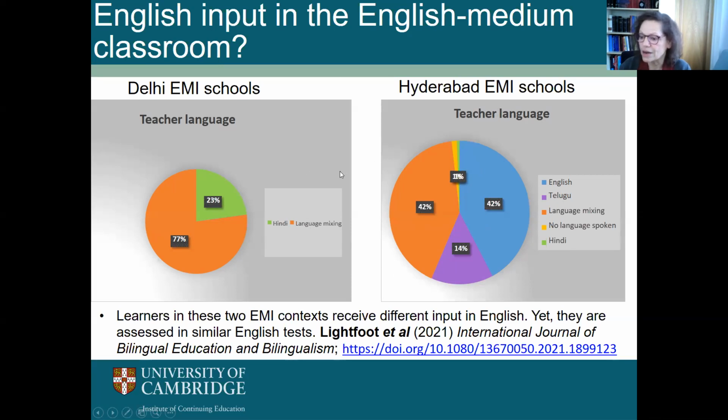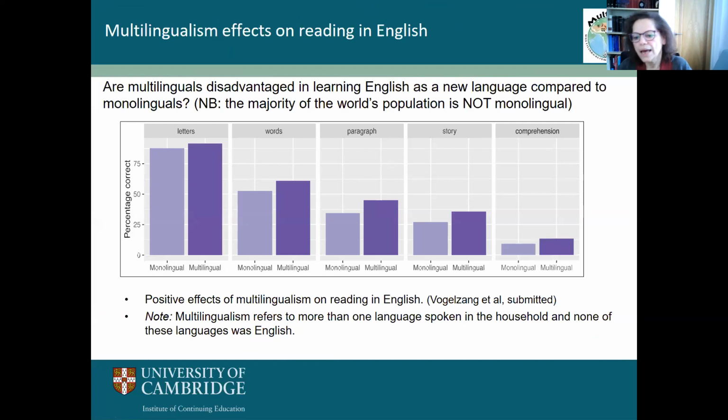The textbooks are similar, okay? They are English textbooks, and they are assessed in similar tasks. The question is, is it fair to assess them in similar tasks, ignoring the fact that the input they receive in English is so different?